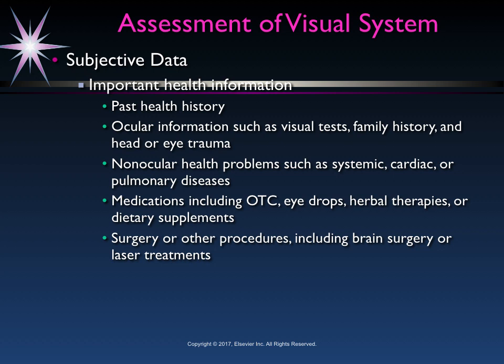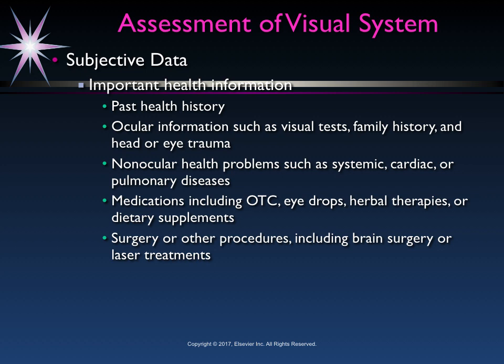We should also look at histories of specific diseases and medications that are known to cause visual problems, including systemic diseases like cardiac and pulmonary disease, because the beta adrenergic blockers that are often used to treat glaucoma can cause slowing of the heart rate.